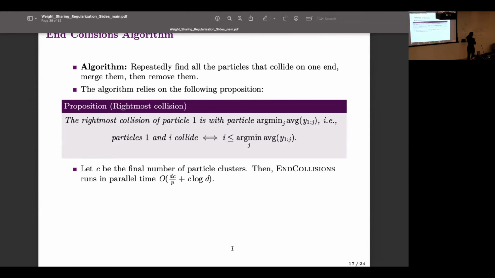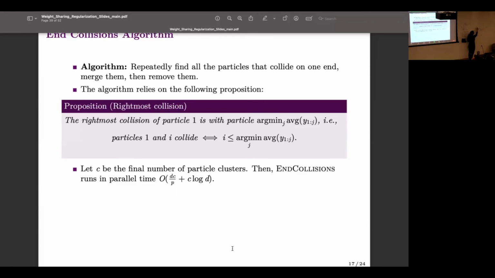For us to detect the whole set of particles that are colliding with each other, we need this proposition, which helps us detect the collisions. It says to take the argmin of the average of these yi's. It's going to give you where the mass of these clusters of weights lies. So if the average of the yi's of these weights lies here, it means the center of mass of these weights is going to be here at the end.